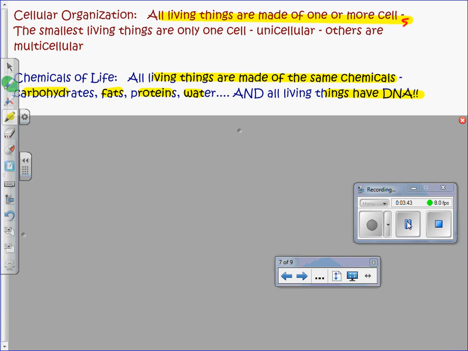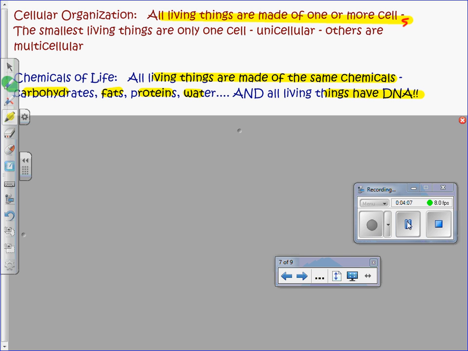But basically, it's the blueprints for you. Each of your cells has chromosomes, and on those chromosomes are genes. Those genes are made up of DNA. So DNA tells your body what to do. Curly black hair, straight blonde hair, what color your skin is. It tells your cells to make more cells or to do whatever they're supposed to do.